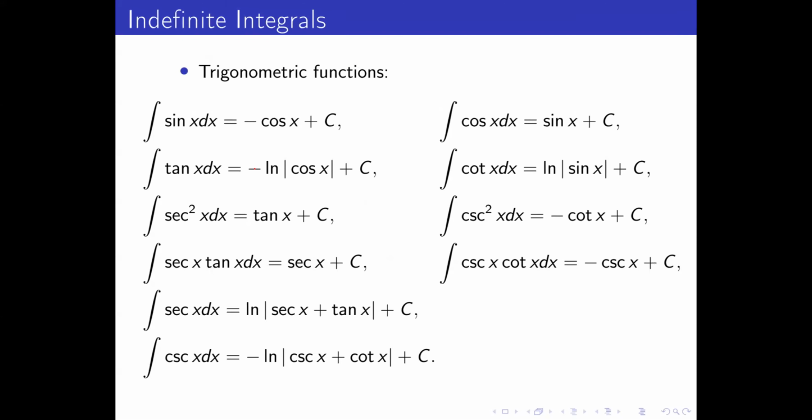Most of these are easy to check, but there are a couple of them down here that are actually not so easy to derive. But once you know the formula, it's easy to check. So you just need to remember this.